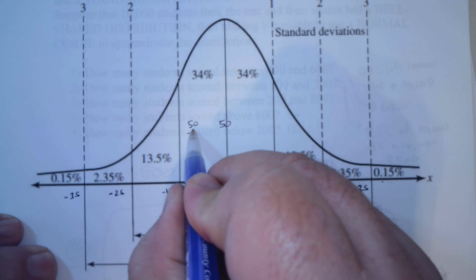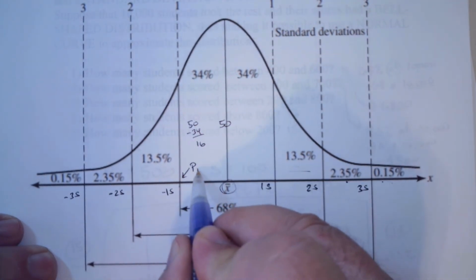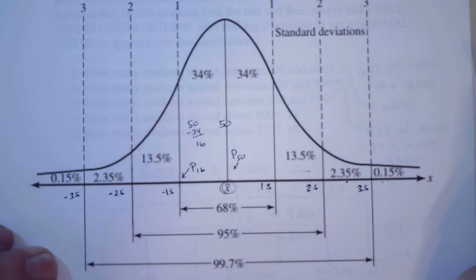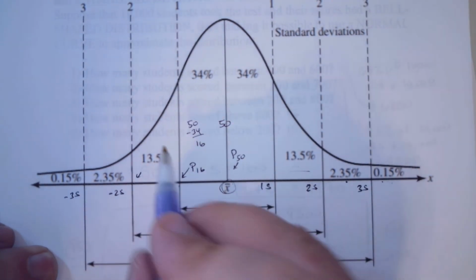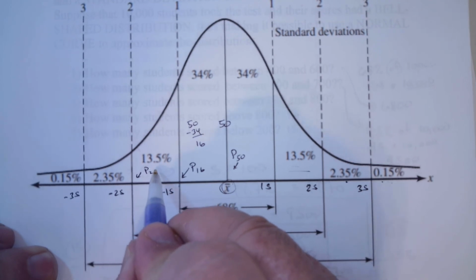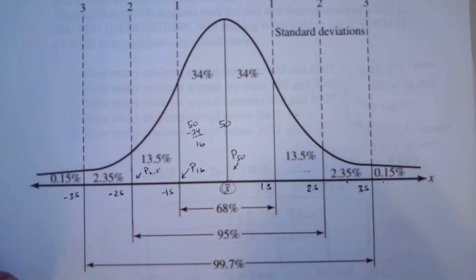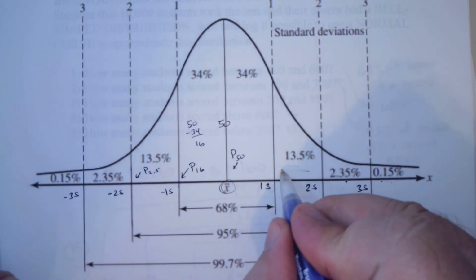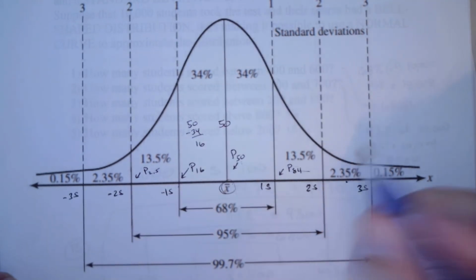So 50 minus 34 is 16. So this is the 16th percentile. This is the 50th percentile. And subtract 13.5, this is the 2.5 percentile. And you go the other way. 50 plus 34, this is P84, and so on and so forth. So that's what you're doing there.